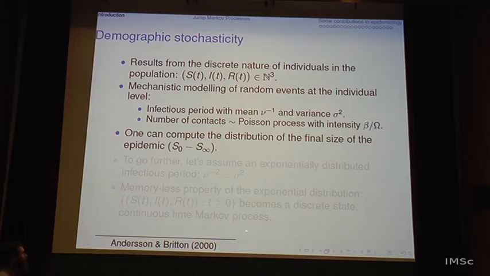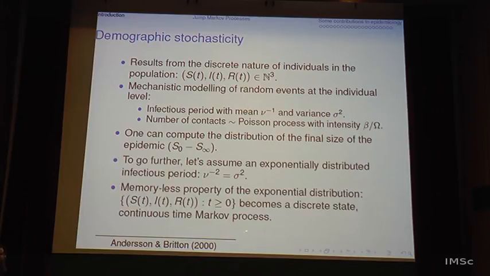So now I introduce the beta, which is the per capita contact rate. And usually with only these two assumptions, the only thing you can do is to compute the distribution of the final size of the epidemic, so the distribution of the number of cases that will be infected during the SIR epidemic. That's usually the only thing you can do, and you can find some results here.